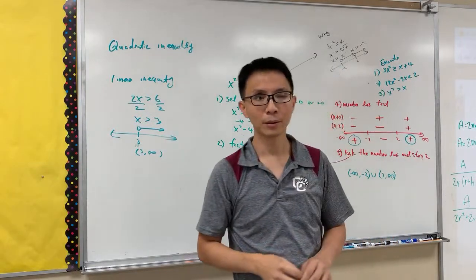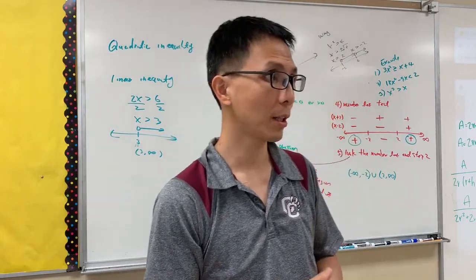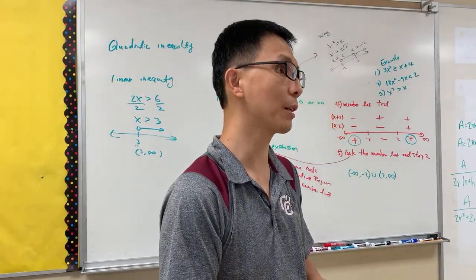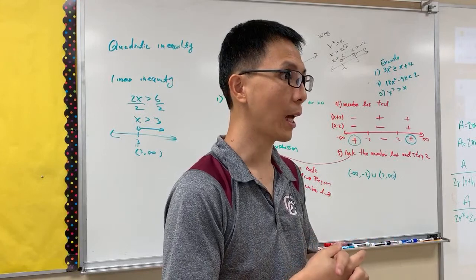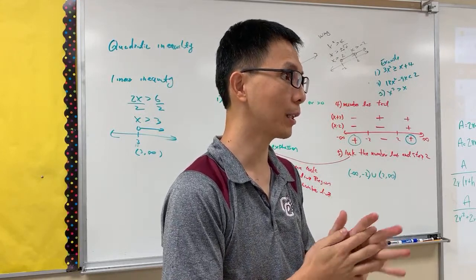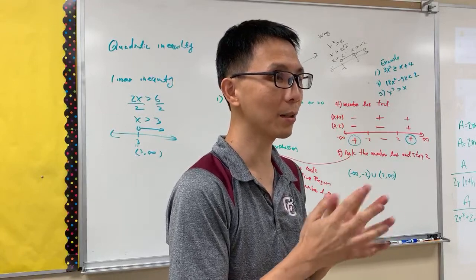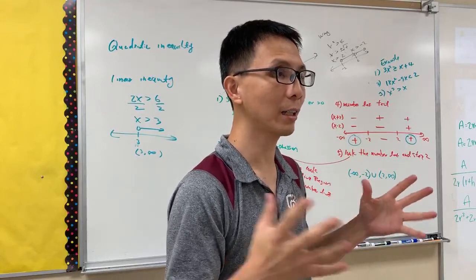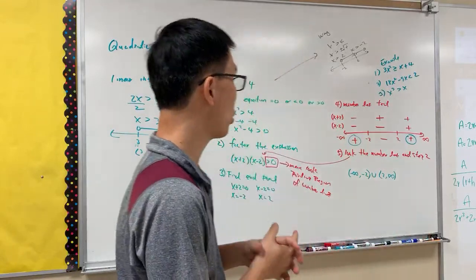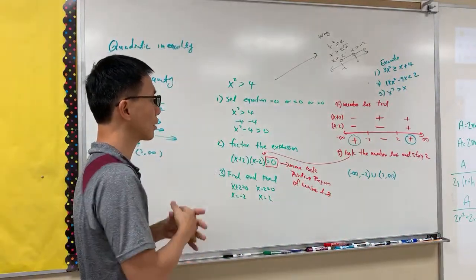You're going to have 3 endpoints as well as 4 regions that you have to test, with all kinds of sign patterns, positive and negative, for the regions you have to test.